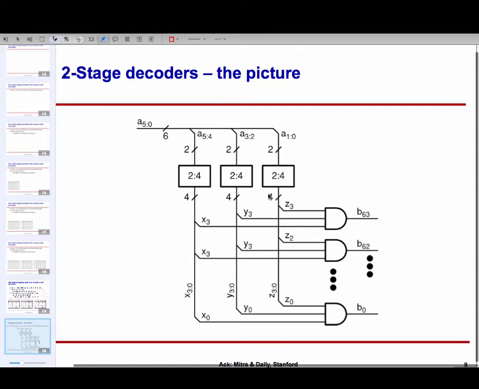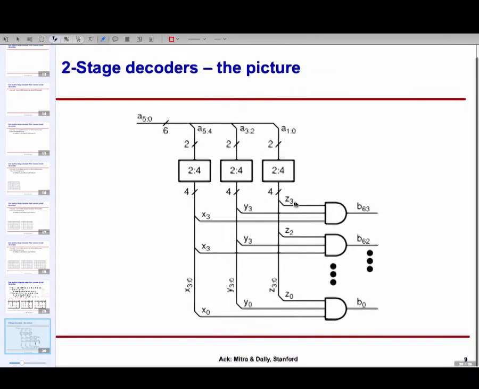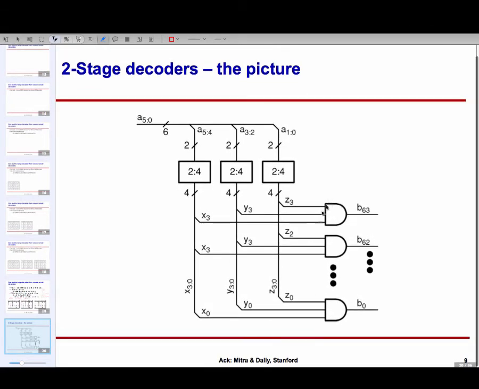Each decoder gave me 4 bits, and in each one of these three 2-to-4 decoders, at any point in time one and only one output would be high because a decoder does one-hot coding. Then I create all 64 possible combinations where I pick one signal from each decoder and combine them, and that gives me my 64 output signals. So in this case, I need three 2-to-4 decoders and 64 AND gates.